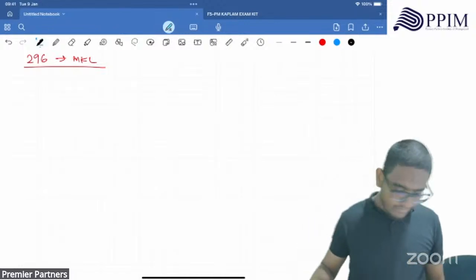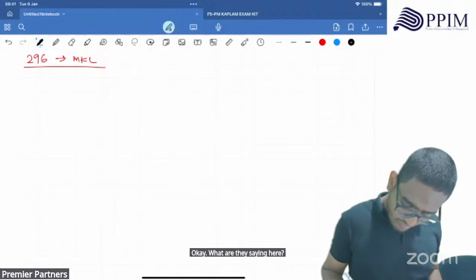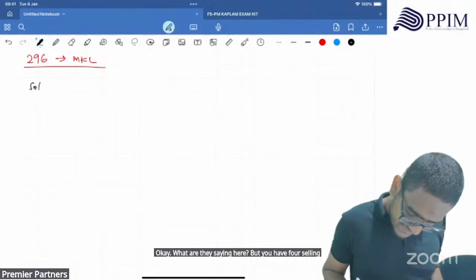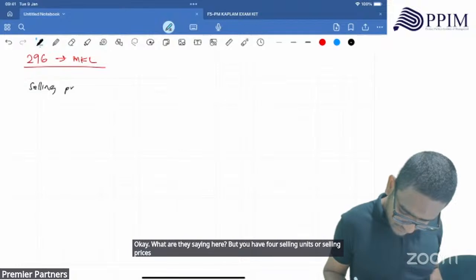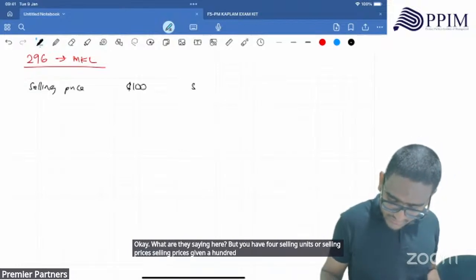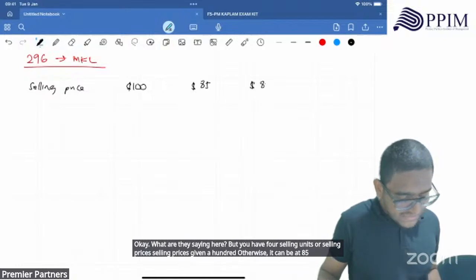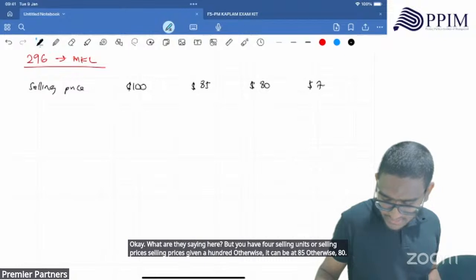Okay. So what are they saying here? That you have 4 selling prices given: 100, otherwise it can be 85, otherwise 80 or maybe 75.